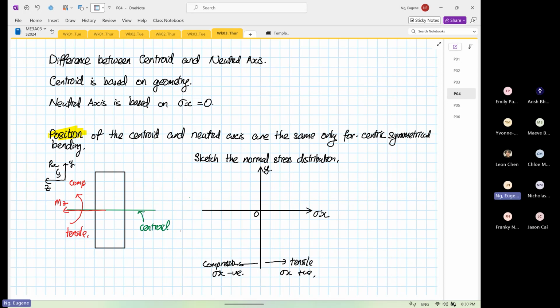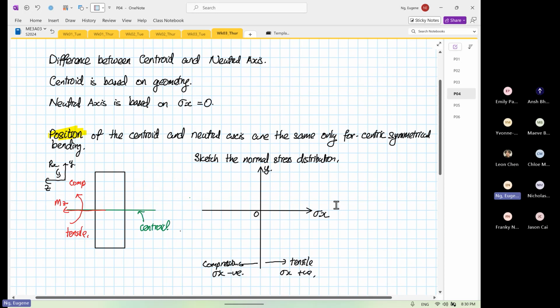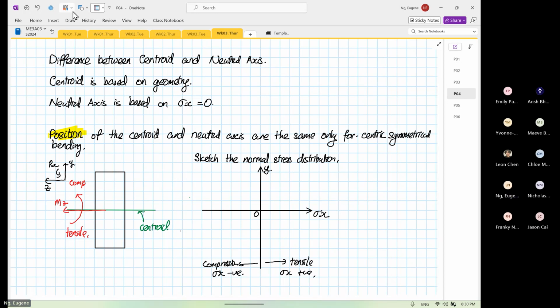So I'm going to sketch now the formula. We're going to sketch the formula where we have stress X is equal to minus Mz over Izz multiplied by y.